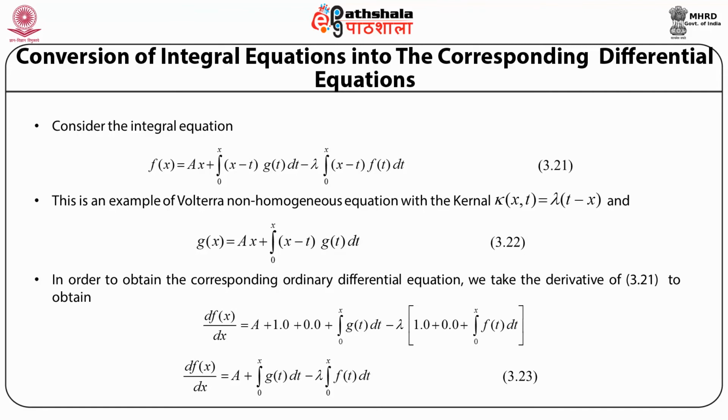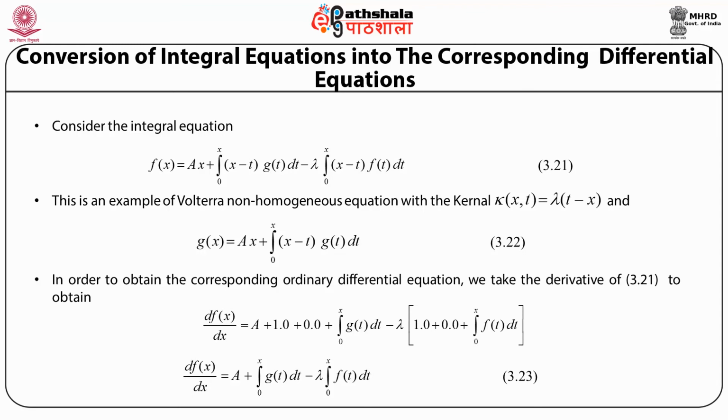The derivative of this equation is obtained by using the chain rule, which I discussed earlier. Taking the total derivative of the left side, the function f(x), df(x)/dx is equal to a times the derivative of x with respect to x, which is 1, plus the derivative of the upper limit in the integral.